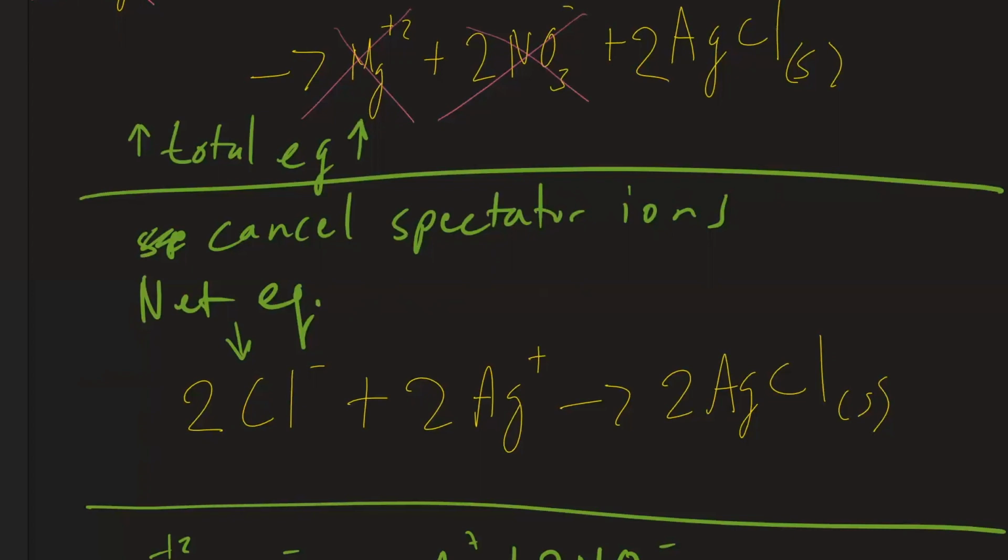So we see that, since everything was soluble on the reactant side, we have 1 plus 4 plus 2. So we have 6 plus 1, so we have 7 free ions. We have 7 on the reactant side.